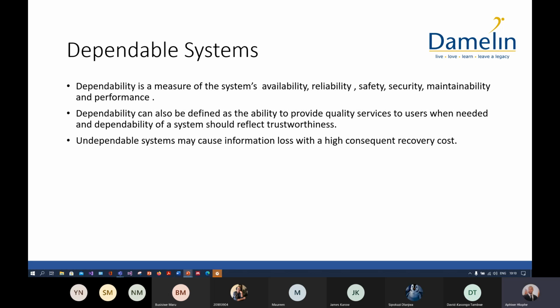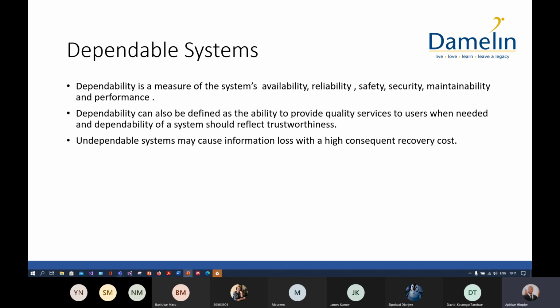So when you talk about the aspect of a dependable system or dependability, what is dependability? Dependability is a measure of a system's availability, reliability, safety, security, maintainability, and performance. We can look at these as the nature of the non-functional requirements, right?